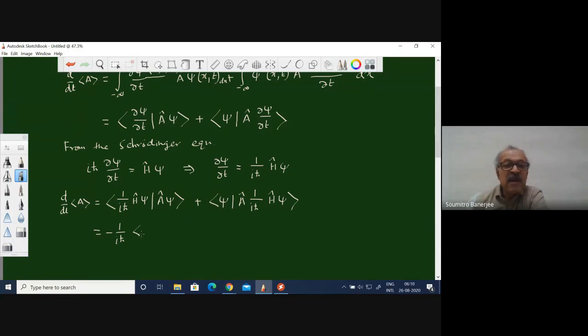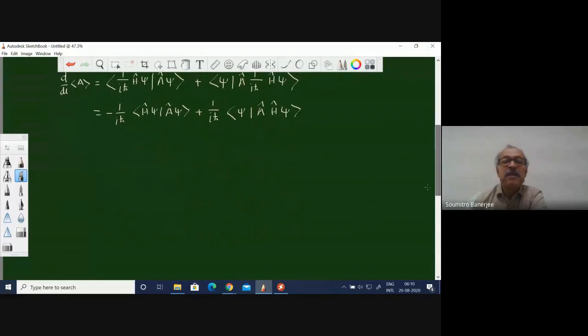It will be H psi, A psi, plus 1 by i h cross psi, A, H psi. Okay. So now since A is a Hermitian, H is a Hermitian, so I can bring this one here.